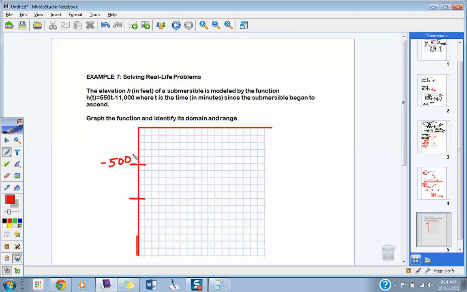Call this negative 10,000 right here. And then another 5 down, call this negative 15,000.